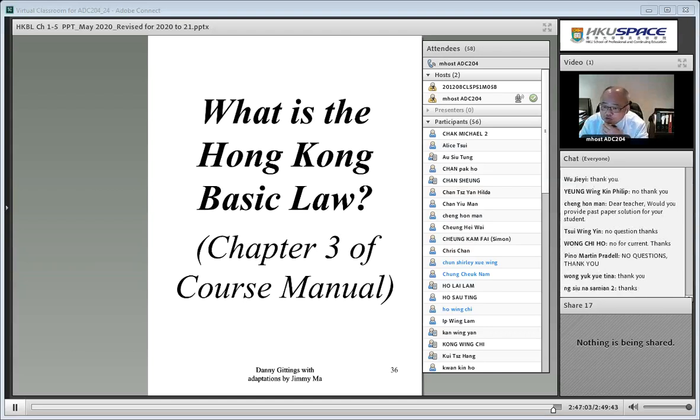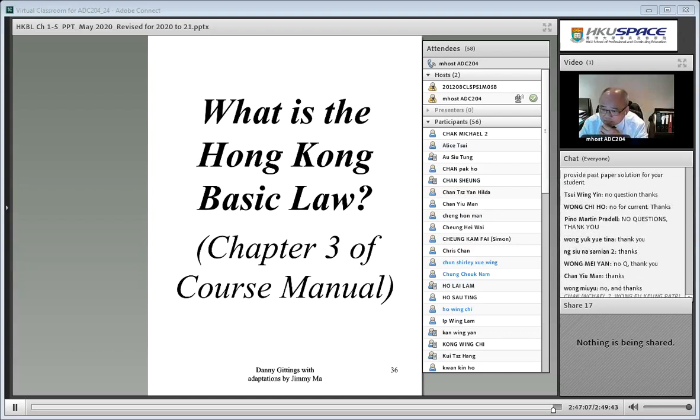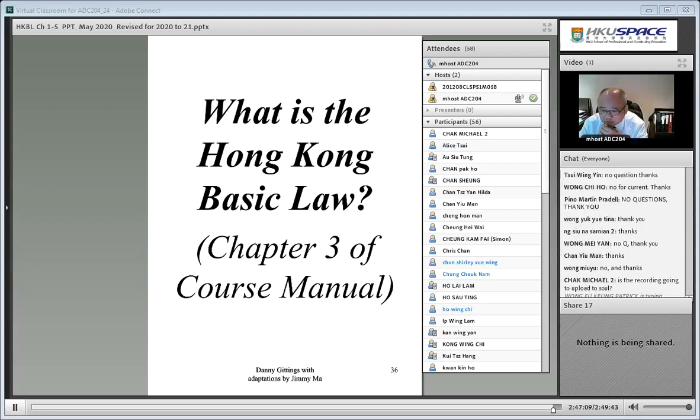Past paper solutions, don't worry, we will provide students with a revision manual that will contain matters that you are probably looking for.